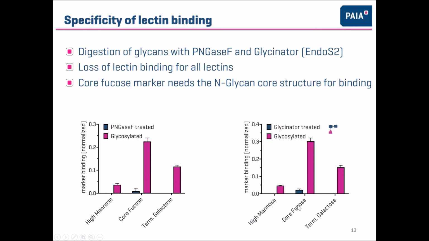So it seems that this core fucose binding lectin really needs also some of the N-glycan core structure for binding. So that's usually 3 more mannose sugars which are located somewhere here. So that's the one experiment that I wanted to show you.